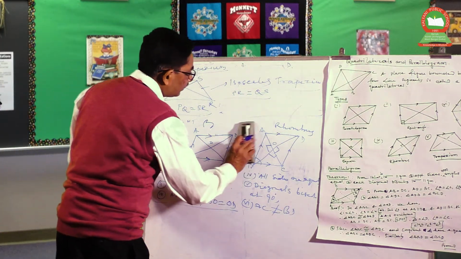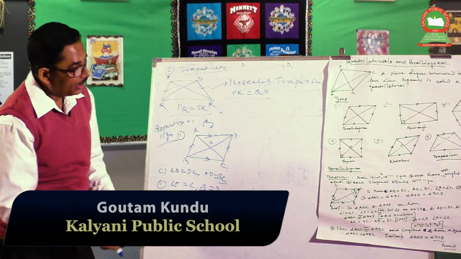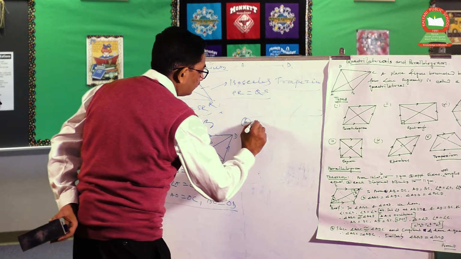Next, the last one we are talking about is the kite. This is number 6.